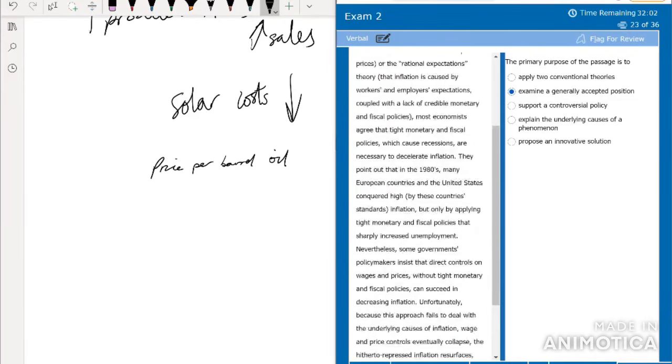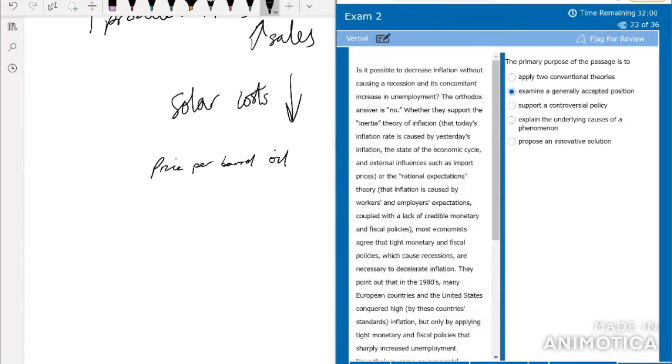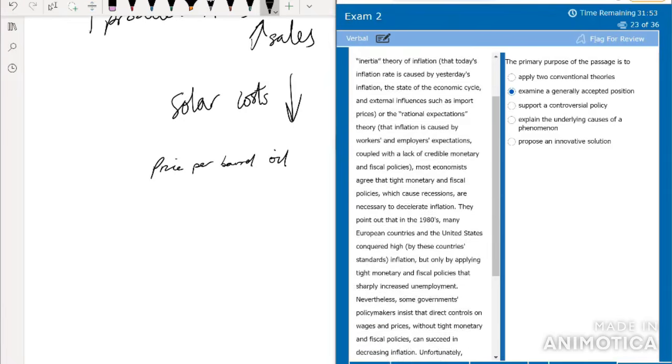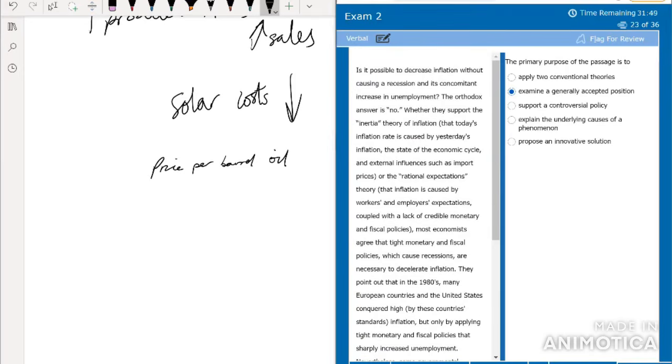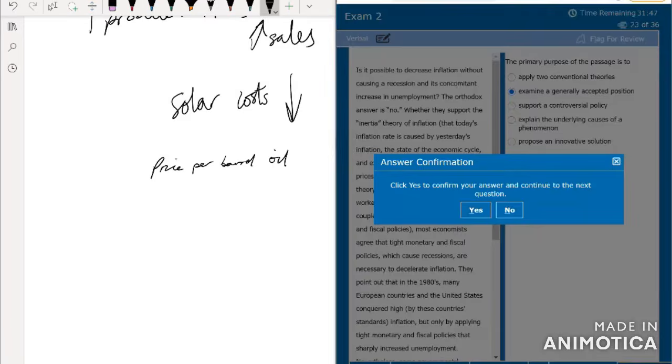It is examining a generally accepted position. It's not supporting a controversial policy. The whole passage is not actually, even though it does explain the underlying causes of inflation, that's not the whole point, and it's not proposing a solution.